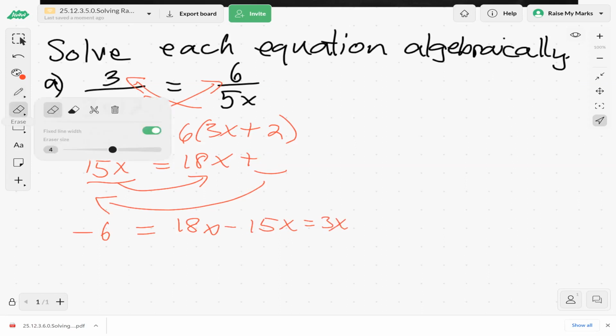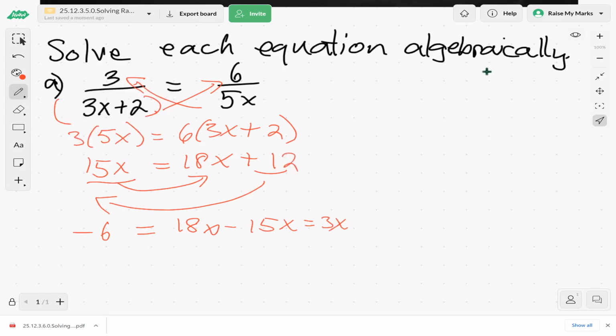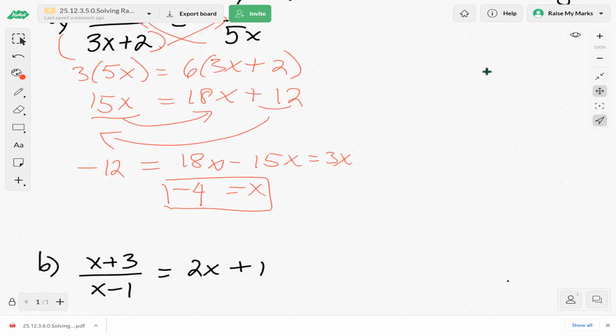When we multiply our 6 into our bracket, 3x plus 2, we actually get 12. My mistake. So we're going to bring the 12 over to the left-hand side. And what does that give us? That gives us negative 12 equals 18x minus 15x, which is 3x. Solve for x, and we get that x equals negative 4. Good. Always good to check your work.